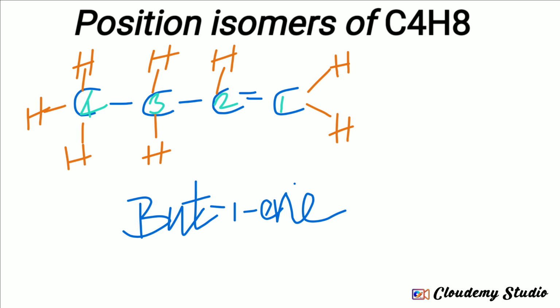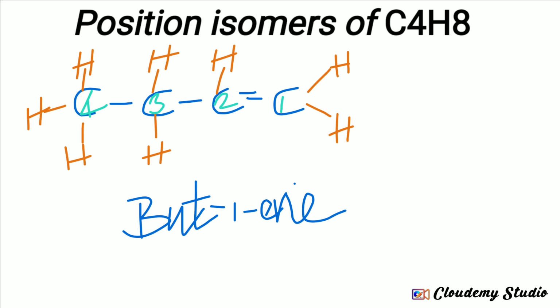The next structure, next isomer for this C4H8, what we need to do, this carbon to carbon double bond has to be shifted to the next carbon atom. So the double bond has to be kept here in the middle carbon atom.